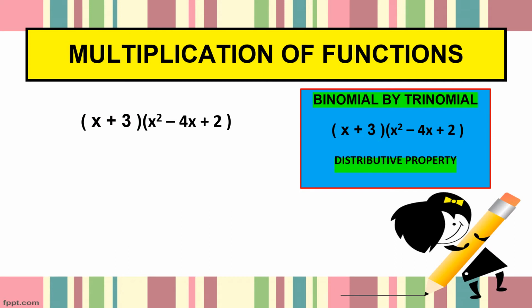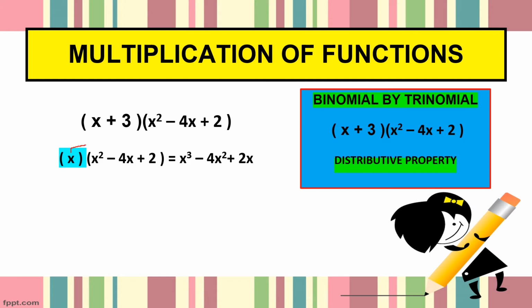Okay. So, the technique there, you can separate it. Let's start first with x. Take x here, and then multiply it to your trinomial. As I said, you will be using the distributive property.